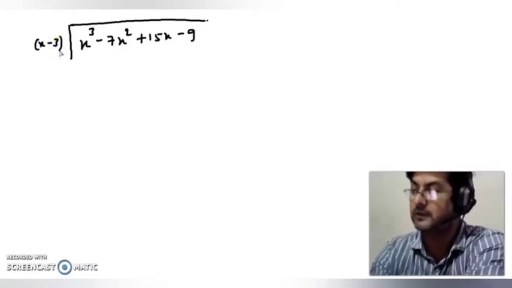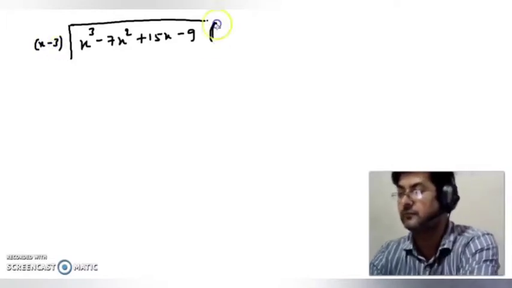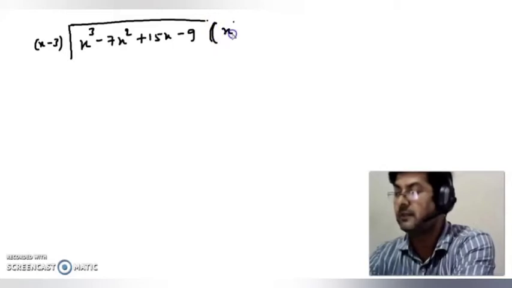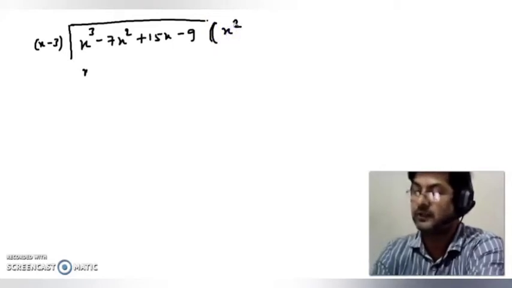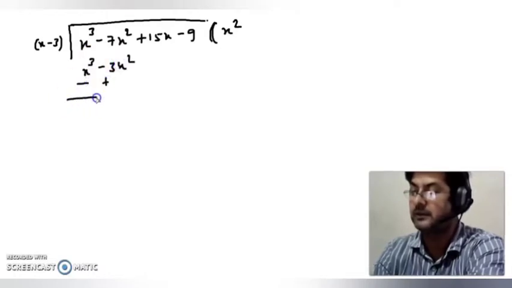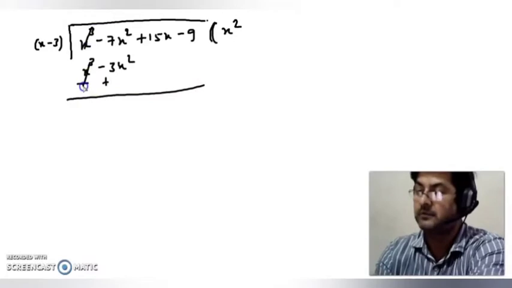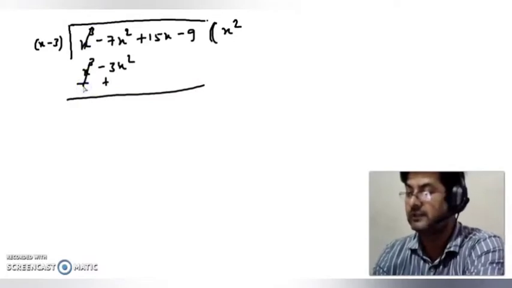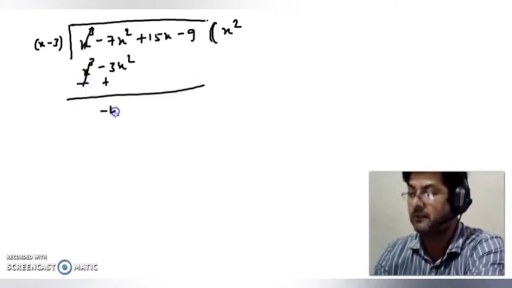Okay, obviously first we'll multiply by x square. So we have x cube minus 3x square, change the signs, plus minus, x cube will get cancelled, minus 7 plus 3 will be minus 4x square, take 15x down.